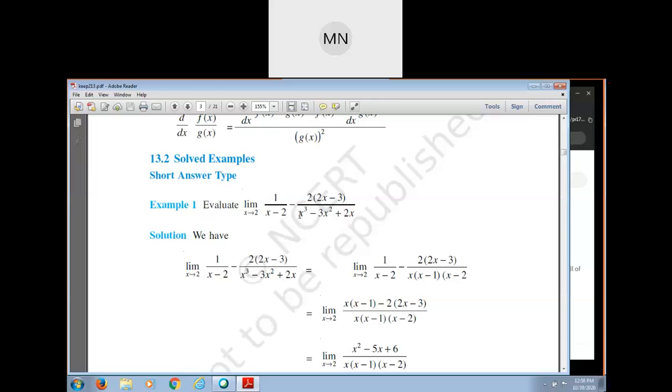So for this term, taking common x from the expression, we get x into x square minus thrice x plus 2. Now can we factorize this term?